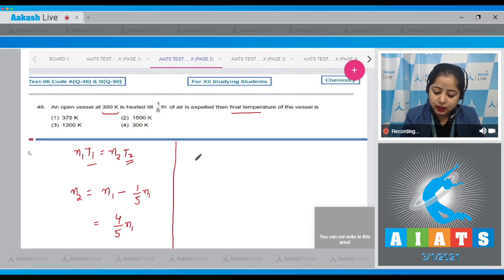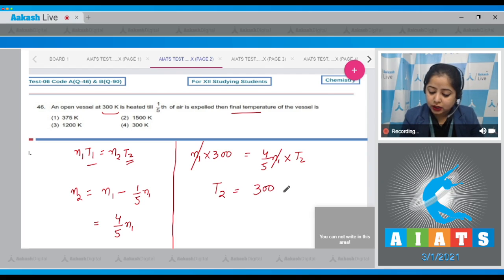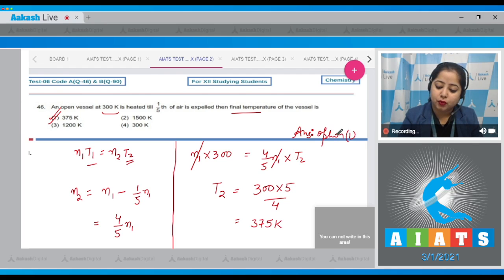We'll get N1 times T1, which is 300, equals 4 upon 5 N1 multiplied by T2. We have to calculate T2. So let's cancel N1 with N1. So T2 is equal to 300 into 5 upon 4, which is equal to 375 Kelvin. That means the correct answer is option number 1. Here I'm writing, answer is option number 1.